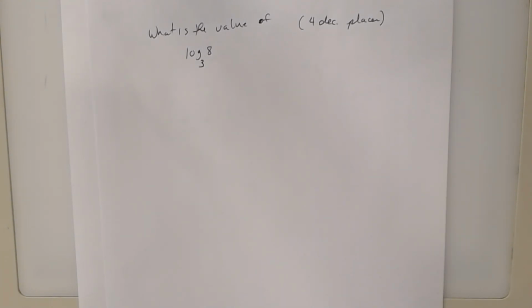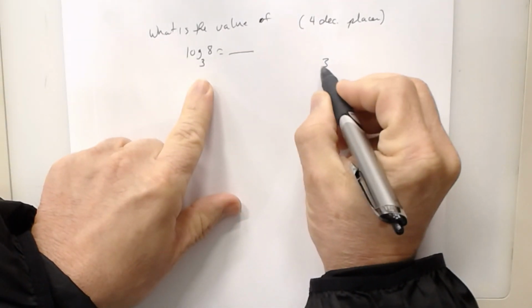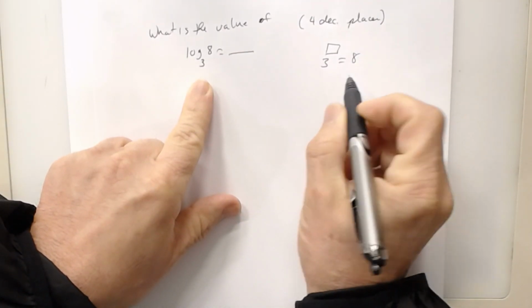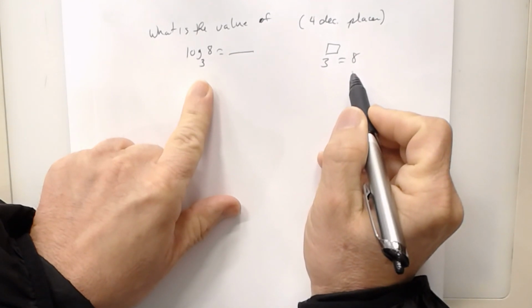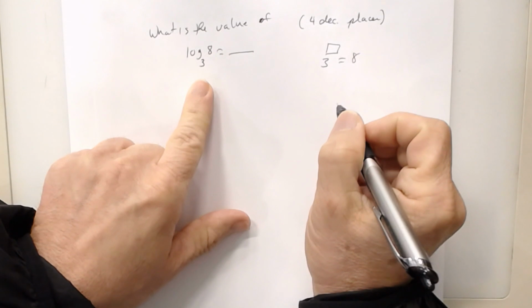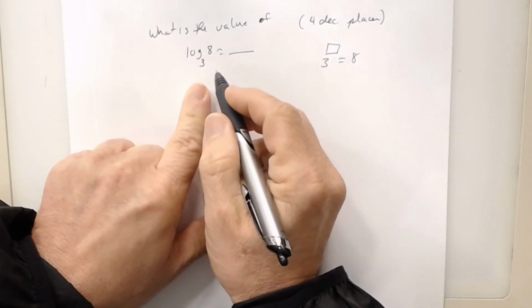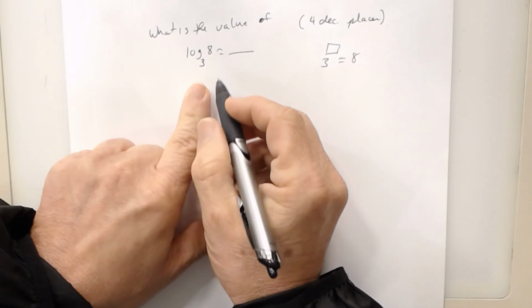You would say 3 to the box equals what? 8. But there is no whole number that will make this work. Because 3 to the first is 3, 3 to the second is 9, right? But log of 8 base 3 is equal to something.